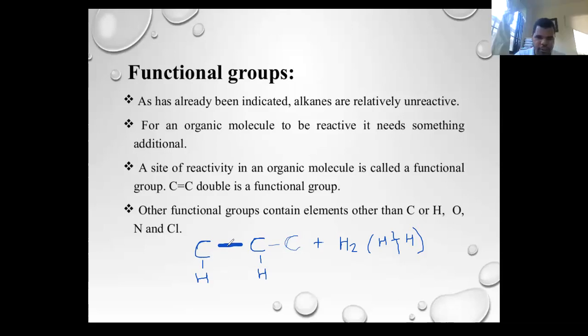Okay, you have a double bond here. Remember, the double bond has a very thin bond, which is the pi bond. This one is very weak, can be broken down easily.